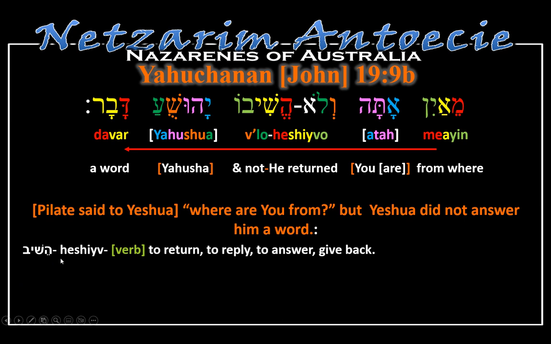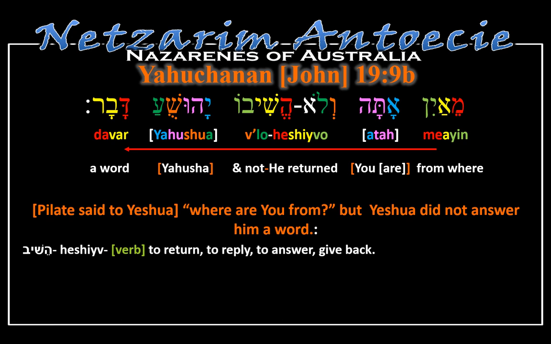So let's have a look down here to help us understand that word. He-shiv is the verb to return, to reply, to answer, to give back. Again, its root is like shav in the middle, except it's got a yod there. But if you look at it, the root is to return.